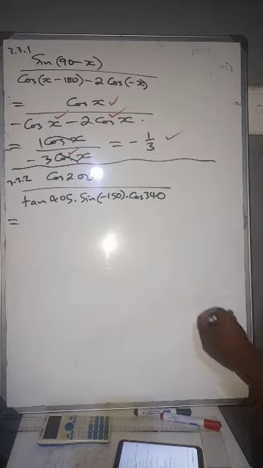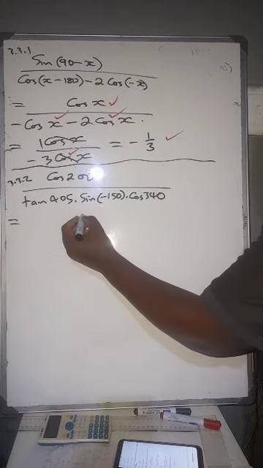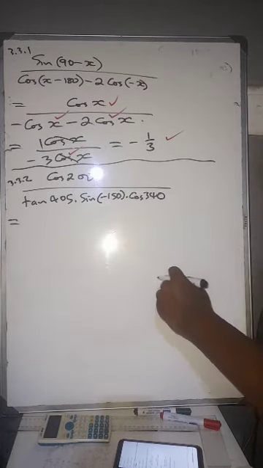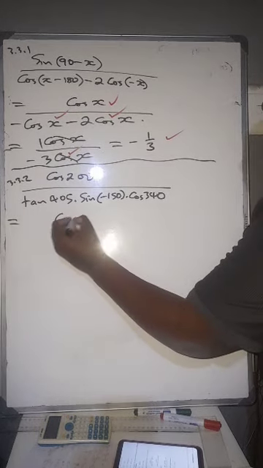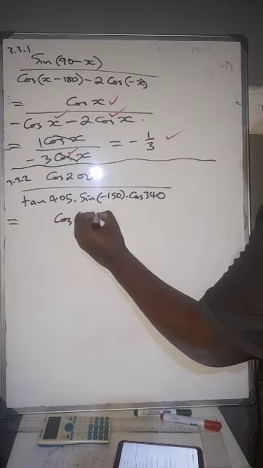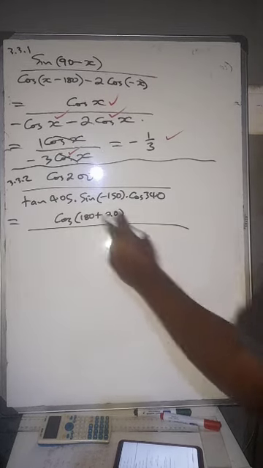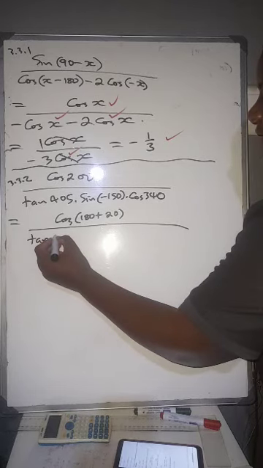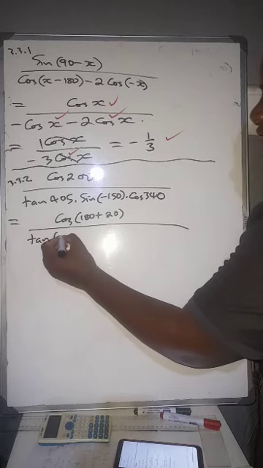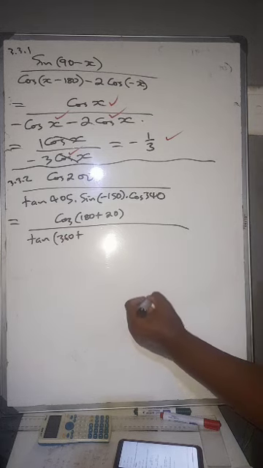Simplify without using the calculator, starting with cos 200. Cos 200 gives us what? It's in the third quadrant, so it's cos of 180 plus 20, over this one, tan of 360 plus 45.